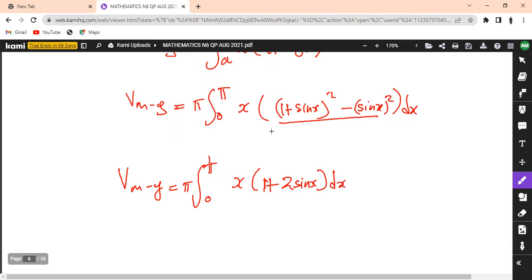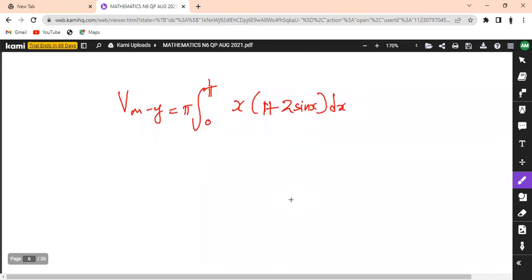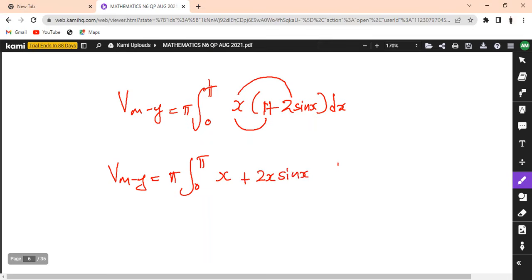So what can we do to integrate this? Let's expand here by x and see what we have got. Let's just try and expand our brackets. So we're going to have our volume moment with respect to y, which is equivalent to pi times the integral of x times 1, which is x, then x times 2 sine x, which is 2x sine x, with respect to x.